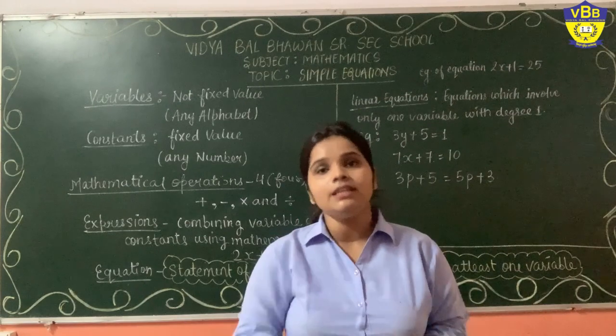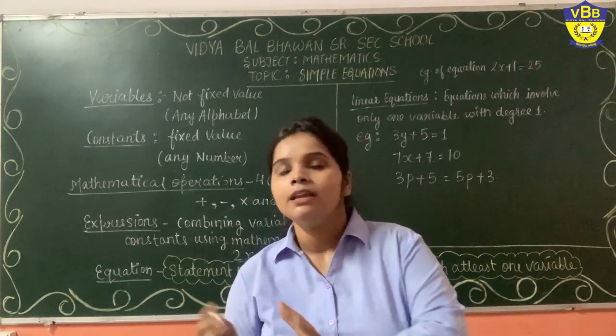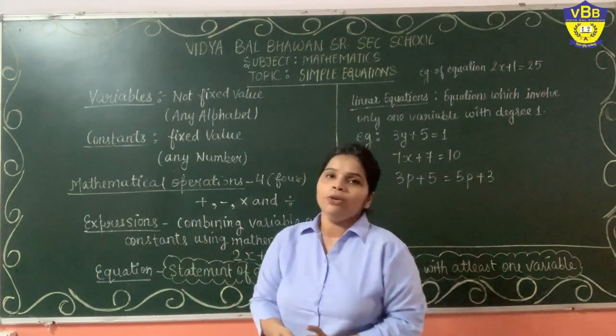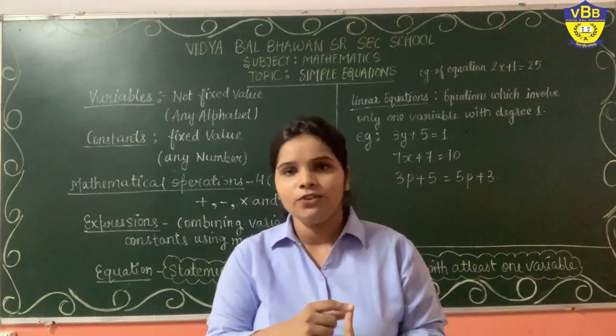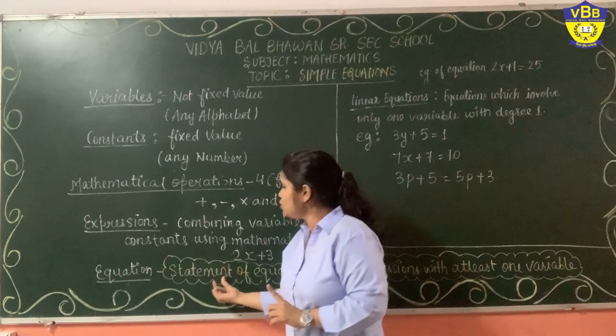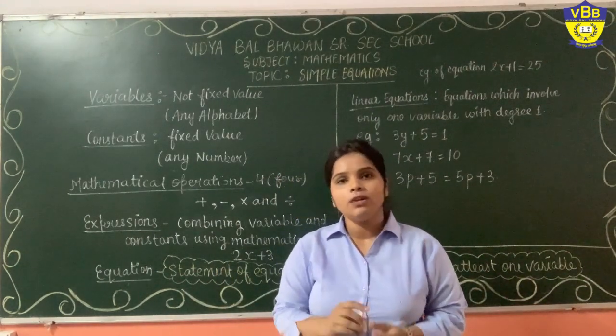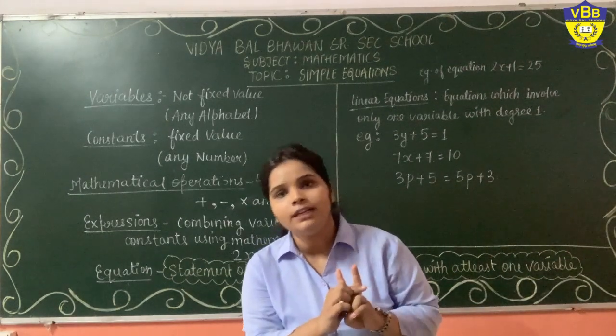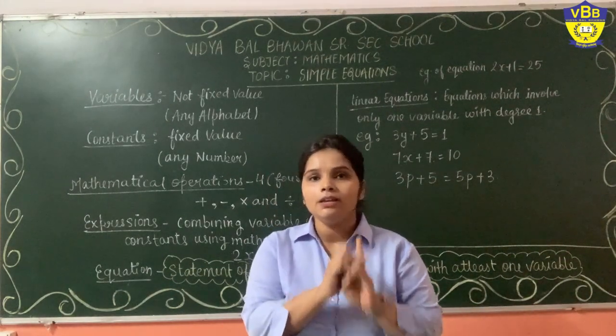After that, using expressions we set up an equation. How? Expression and equation have just one difference, that is, an equation has a sign of equality. When we place 2 expressions with a sign of equality, it forms an equation.